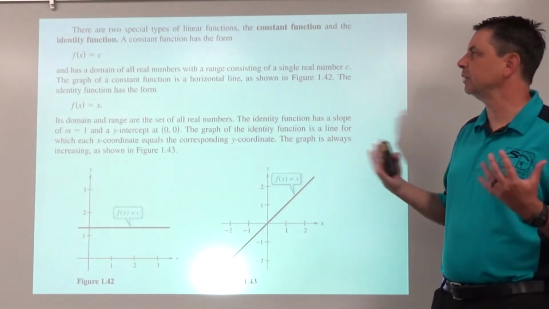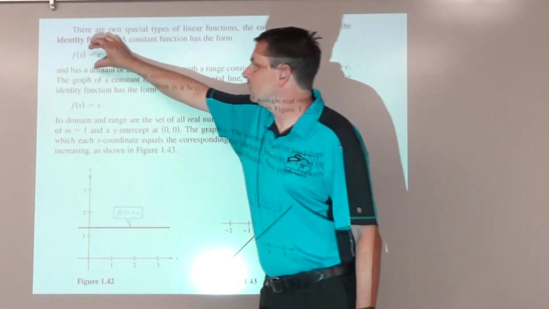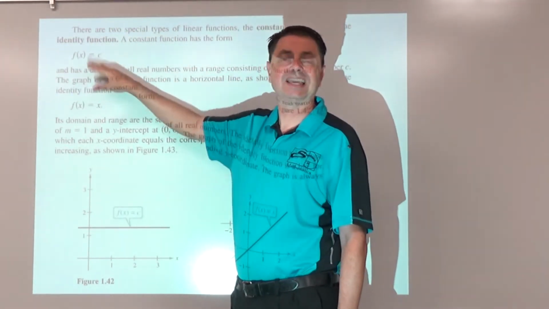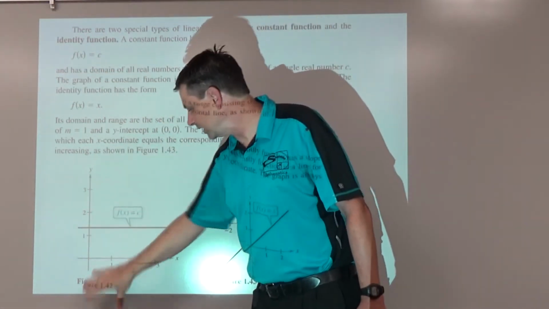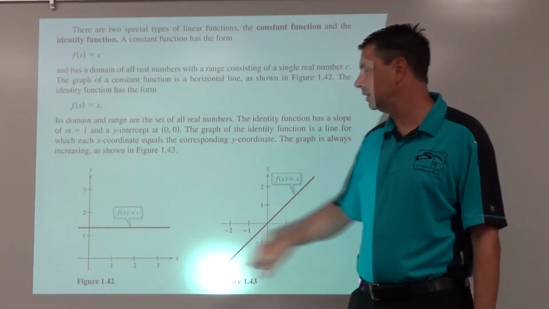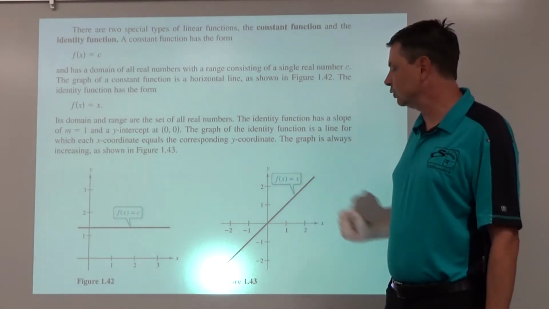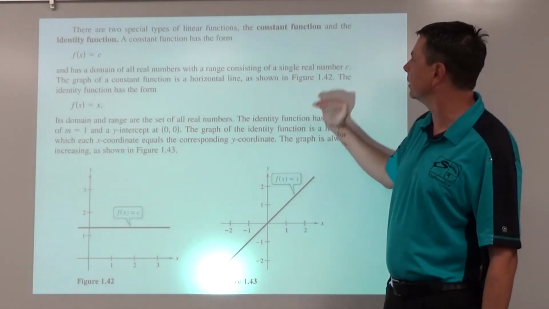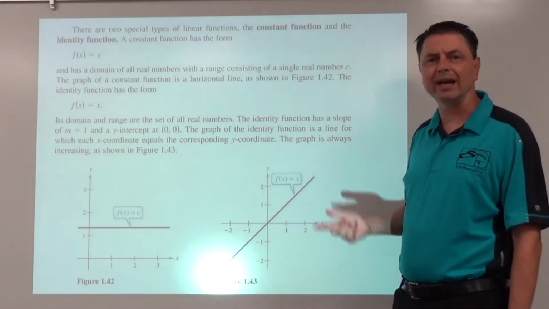So a couple special types of linear functions. We've got f of x equals c. So that would be like f of x equals 5, f of x equals negative 2. And as they're showing in the figure, that's going to be a horizontal line. Slope is 0. f of x equals x is another pretty important one for a lot of people coming up through Math 1.